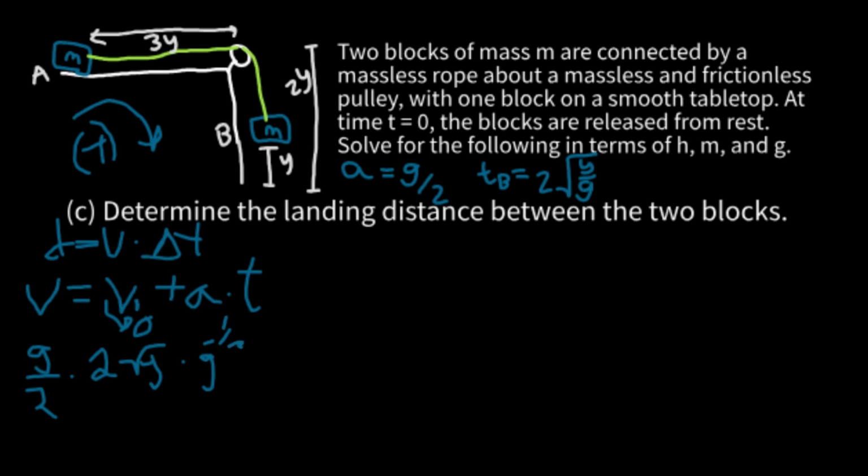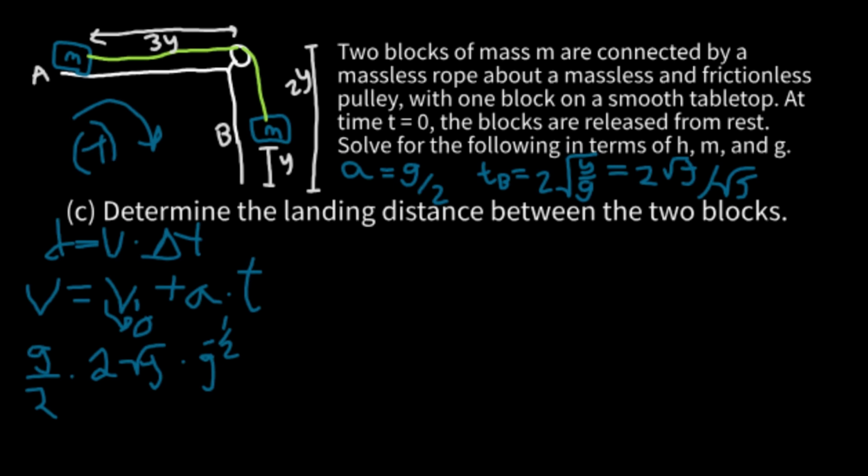So the reason I'm able to do that is that we can rewrite this as 2 square root of y over square root of g, and 1 over the square root of g is just g to the negative 1/2.